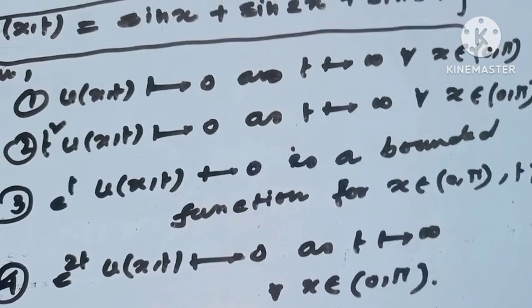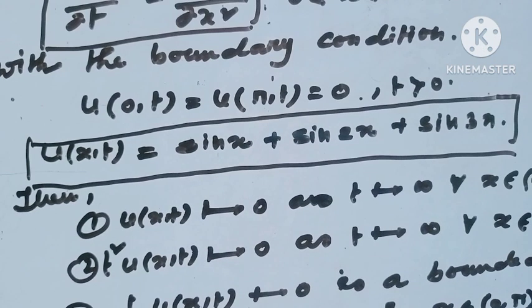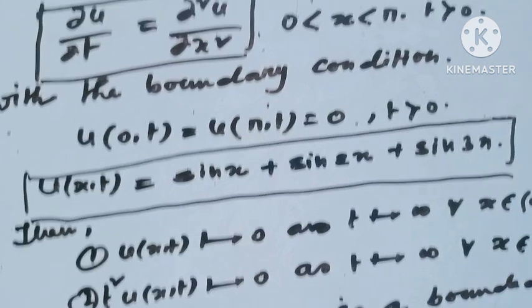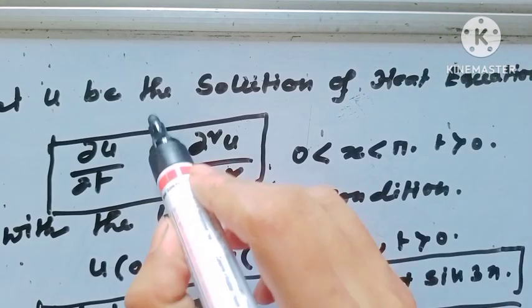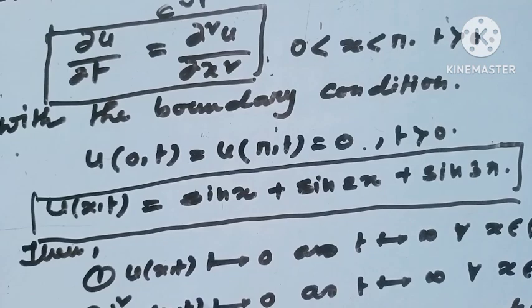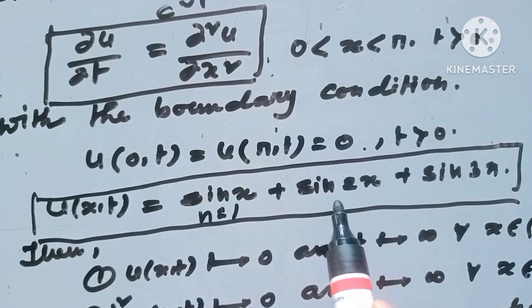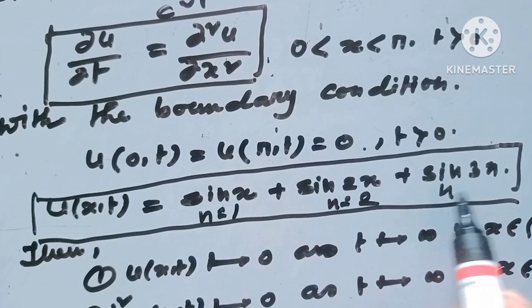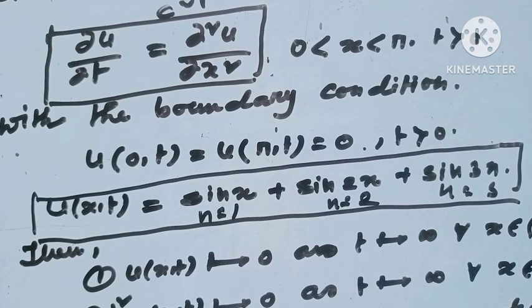This is a very easy type of question. Here u(x,0) = sin x + sin 2x + sin 3x and c = 1. That means n = 1 for the first term, n = 2 for the second, and n = 3 for the third.